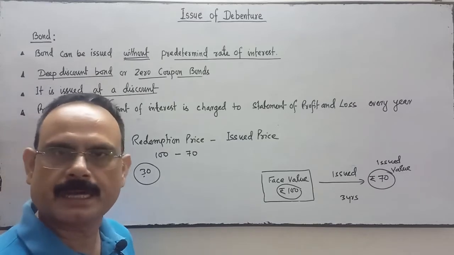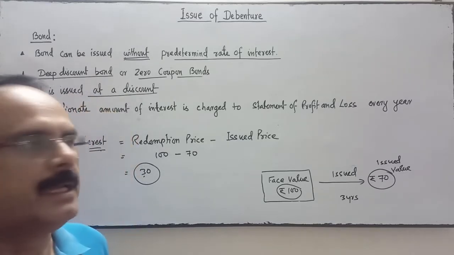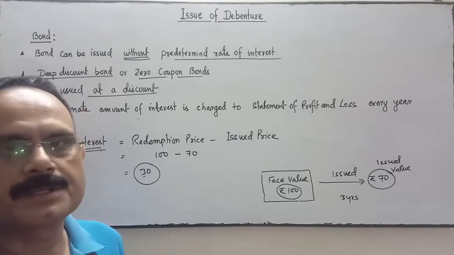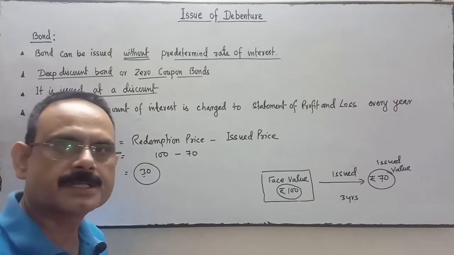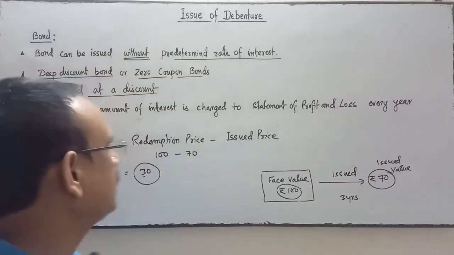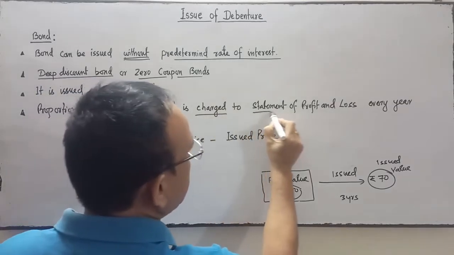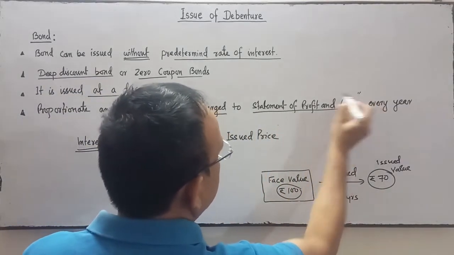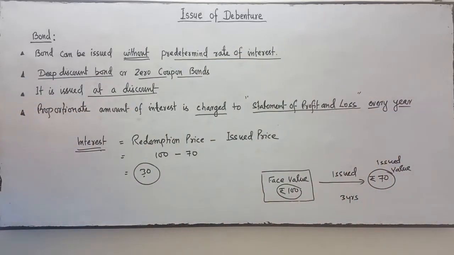Whether the company is earning profit or suffering a loss is immaterial. The company has to pay the interest on bond. That's why the proportionate amount will be charged to the statement of profit and loss every year. So how the interest is calculated by the company on a bond is clear.